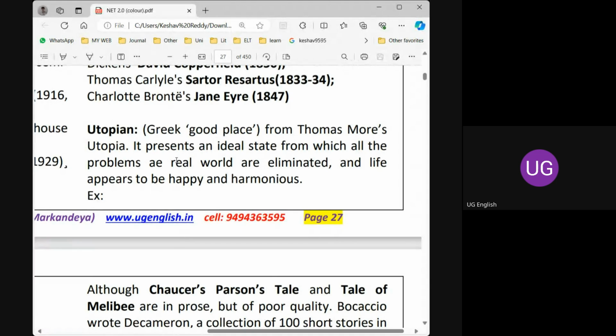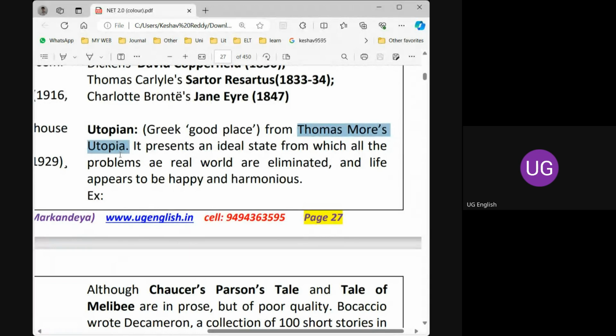This was written in 1526, Utopia by Thomas More. This was a very important work. And in 1526, he had a dream of how the future world should be. But even after 500 years, it is not possible till today.